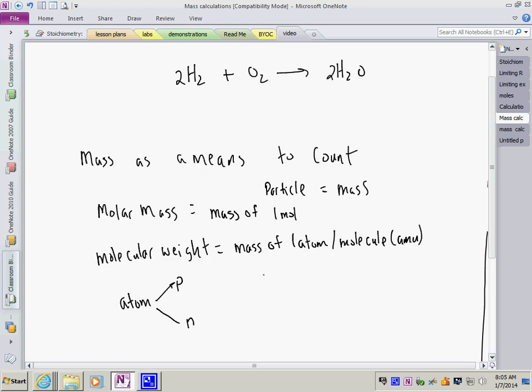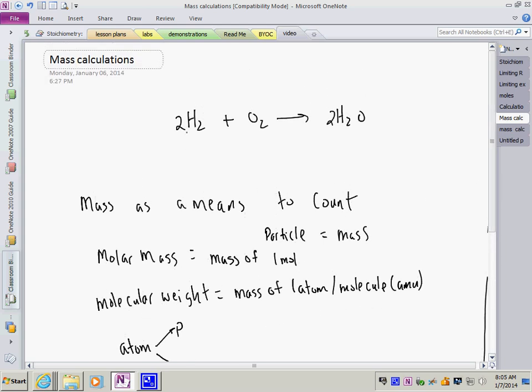All you do is look on the periodic table, and let's say, for example, hydrogen. And I usually label this above the top here. Hydrogen on the periodic table has a molecular weight of 1, and there are 2 of them here. Remember, this subscript is the ratio used. It is not involved in the actual size of the atom or how many particles are there.